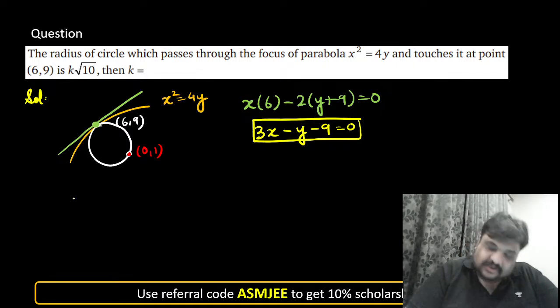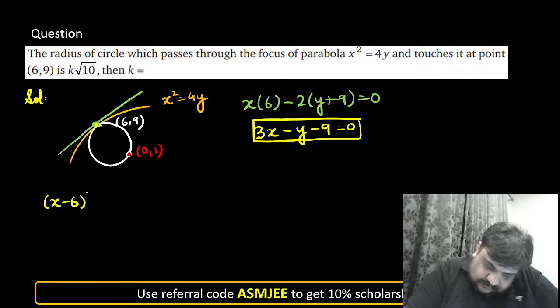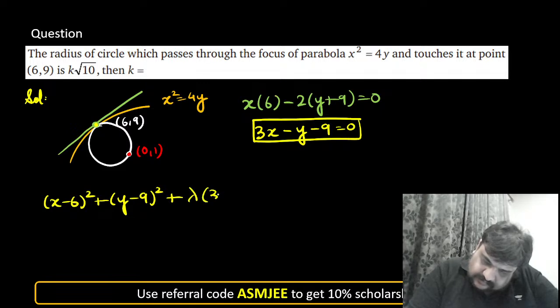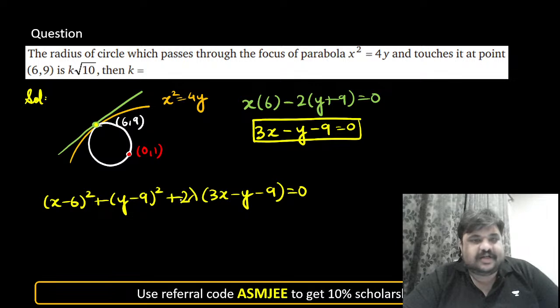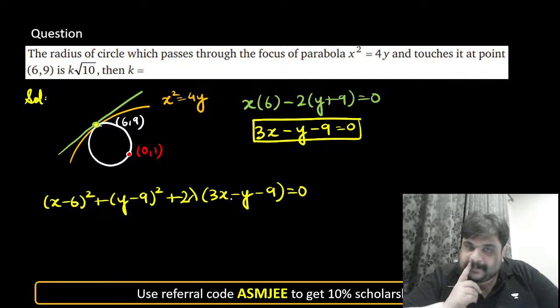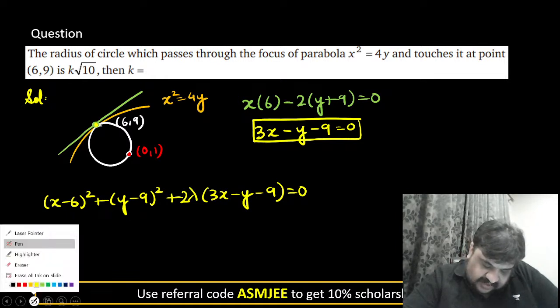Now we can find the equation of the circle using point circle. So this is the equation of the circle using point circle and the tangent, and it passes through 0 comma 1. So we can find lambda.